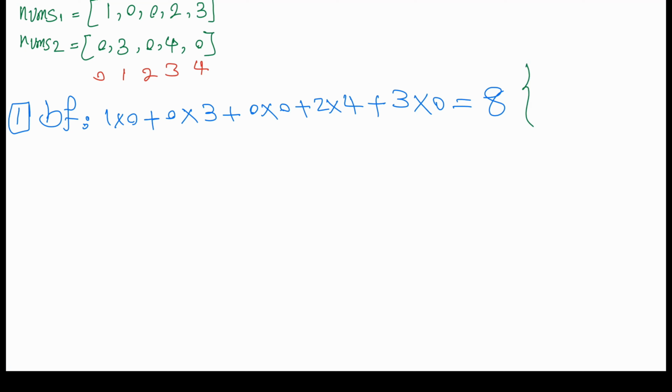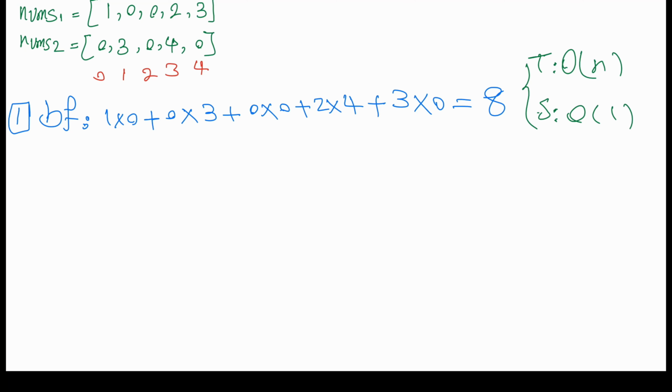We don't have anything to save, so the space complexity is O of 1, and for the time complexity we only go through the length of each array, so it's O of n plus n. Since the question says that the lengths of the two are the same, this is O of n.